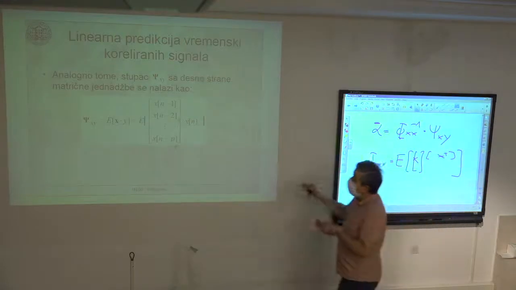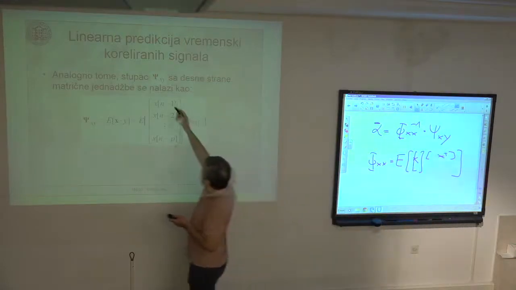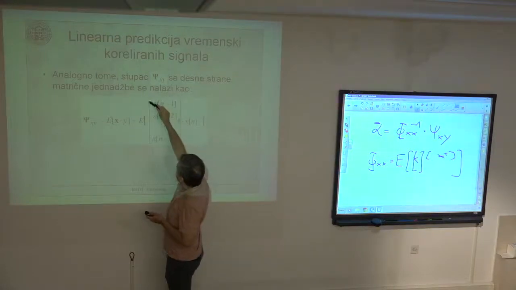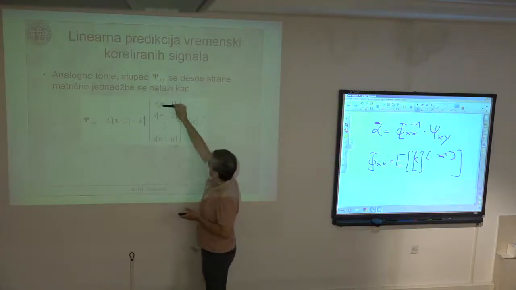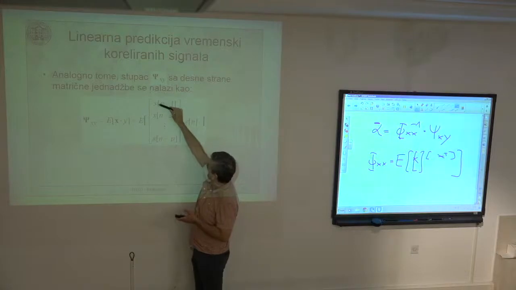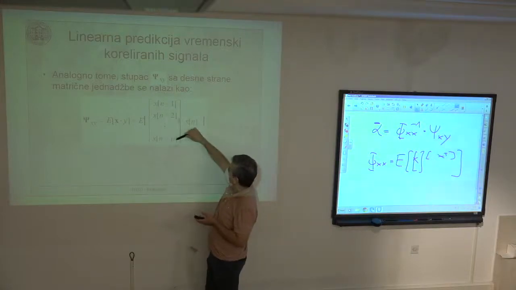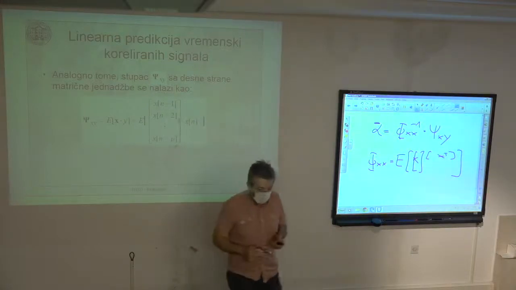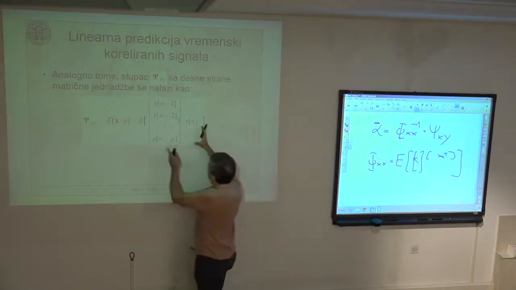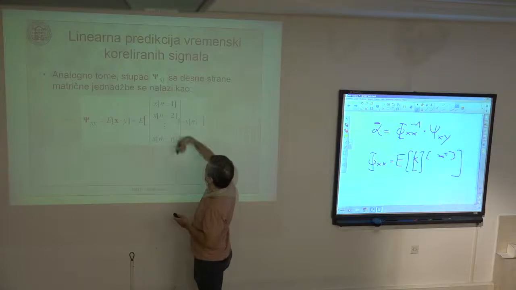And the same thing holds for the correlation column psi xy that computes the correlation between each individual source component and the target. The source components are x of n minus 1 up to x of n minus p, and the target is x of n. So in this case, the matrix is a simple column with p elements.